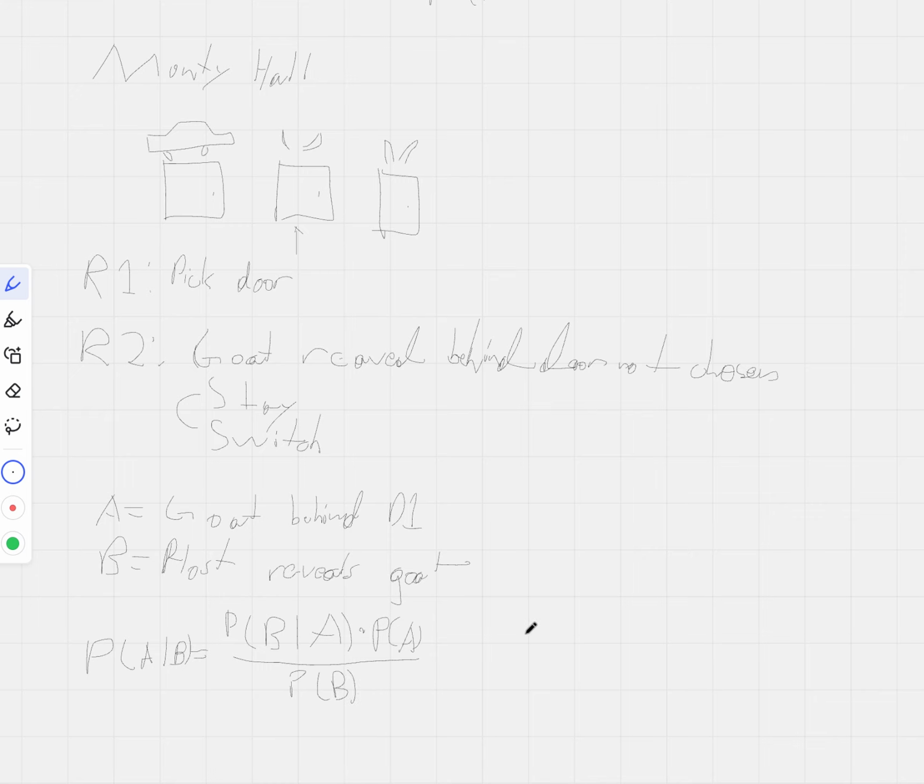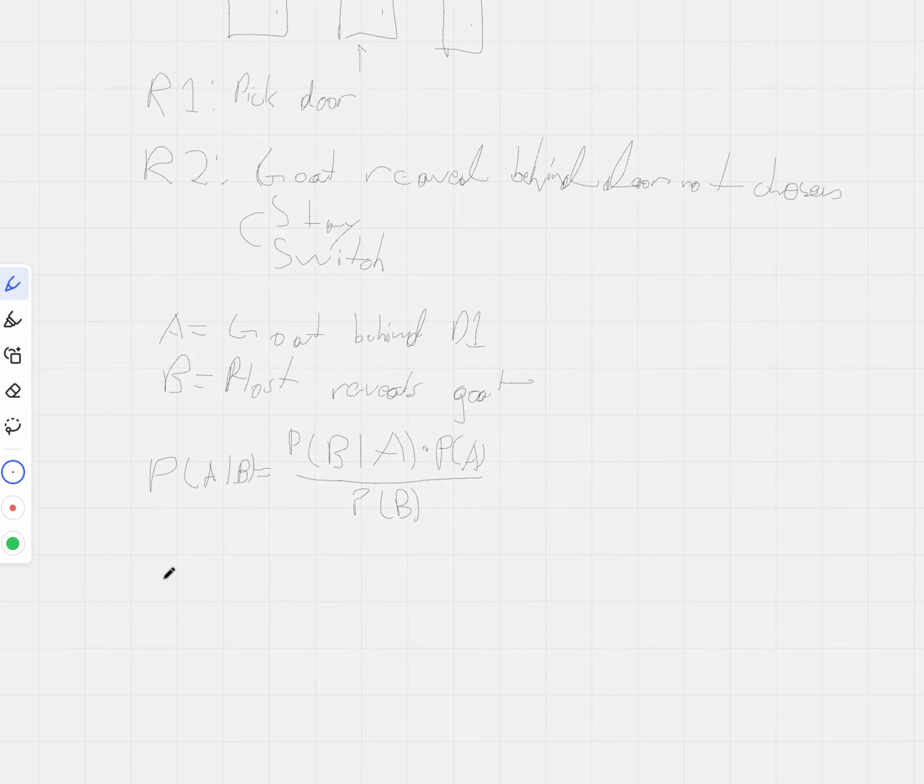The probability that the goat is behind door 1 is actually quite easy. Initially, in the first round, there are 3 doors, so you have a 1/3 chance that the goat is behind any given door, so P(A) is just 1/3.